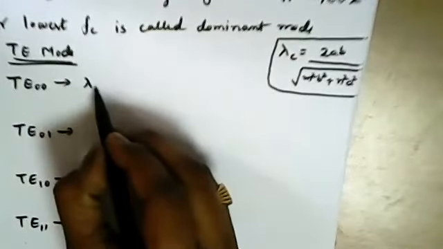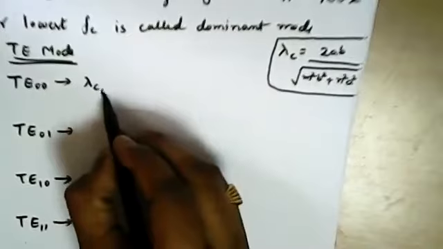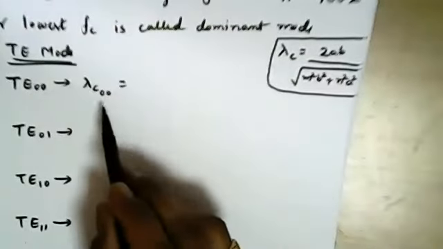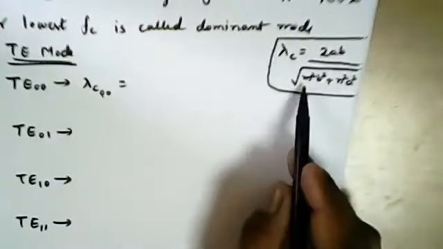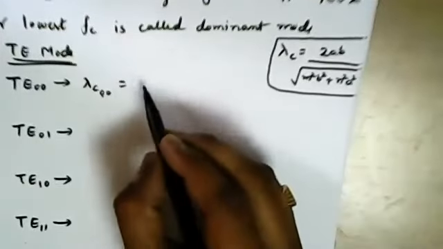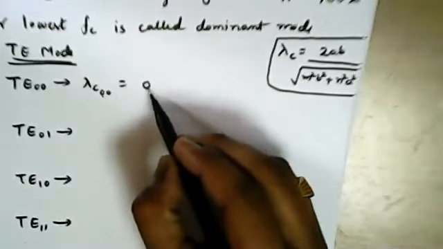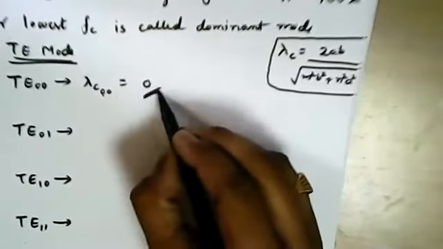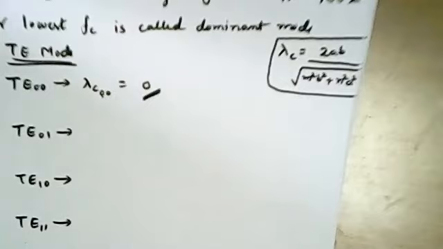So let us take an example, TE00. When we substitute m equal to 0 and n equal to 0 in this expression, it becomes 0. So for TE00, the value of cutoff wavelength lambda c00 is equal to 0. Are you following?